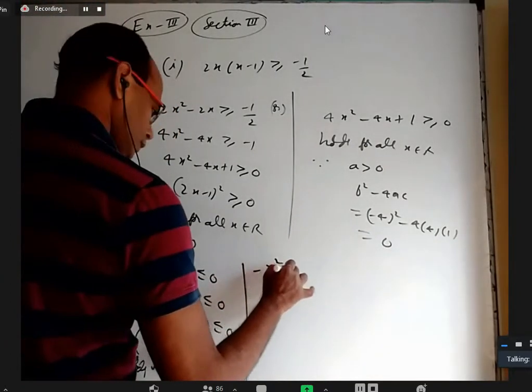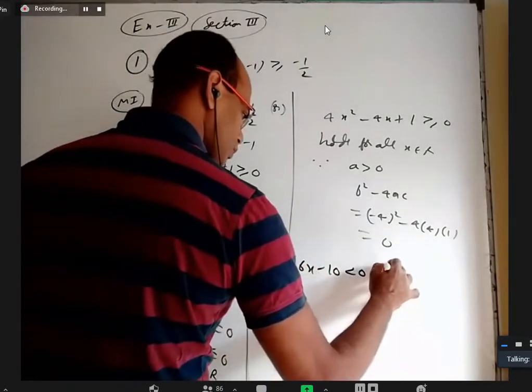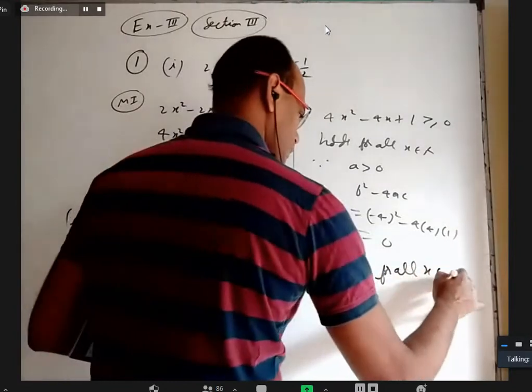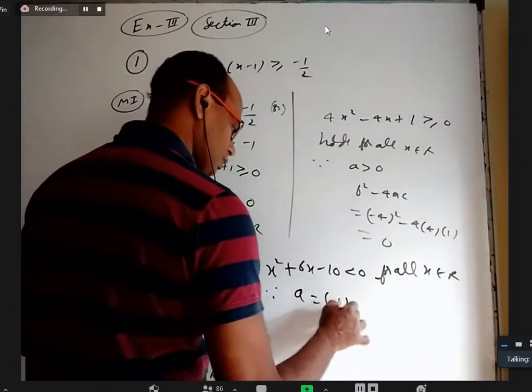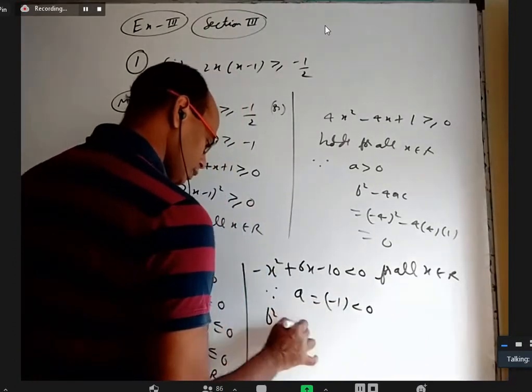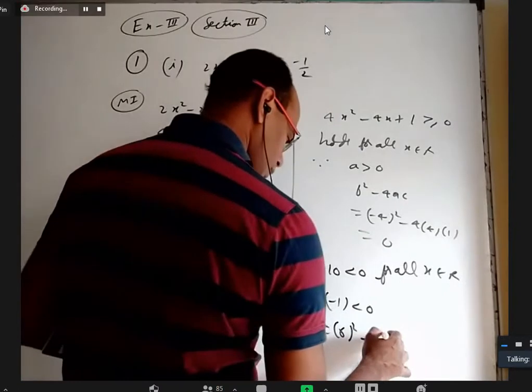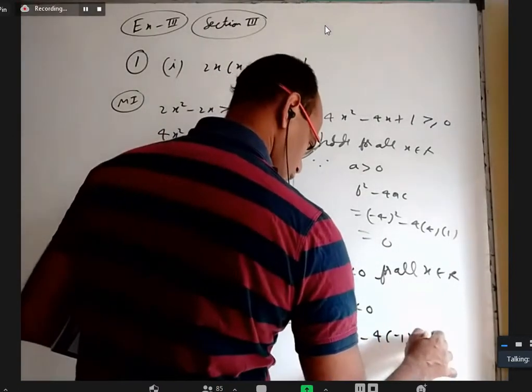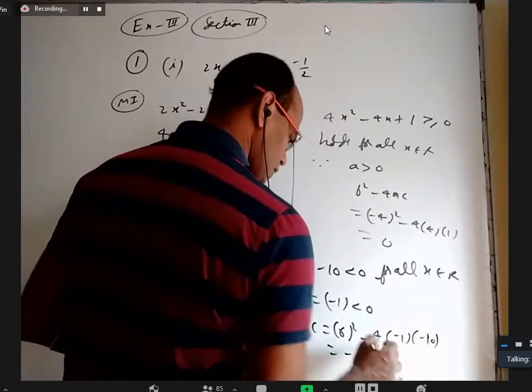So minus x square plus 6x minus 10 is less than 0 for all x belongs to R, since a equals minus 1, which is less than 0, and b square minus 4ac equals 6 whole square minus 4 into minus 1 into 10, which is minus 4, which is less than 0.